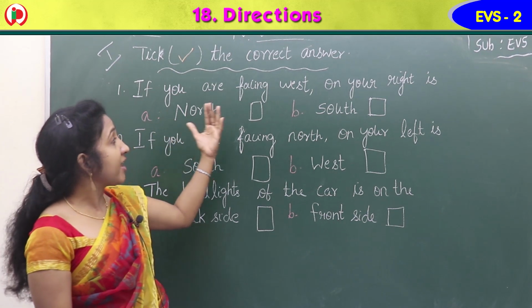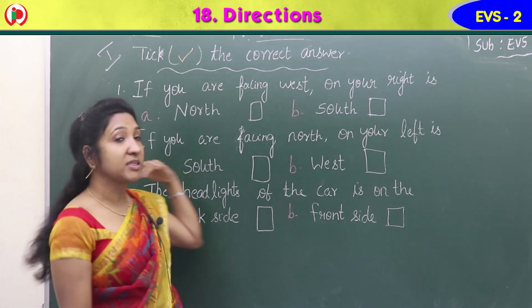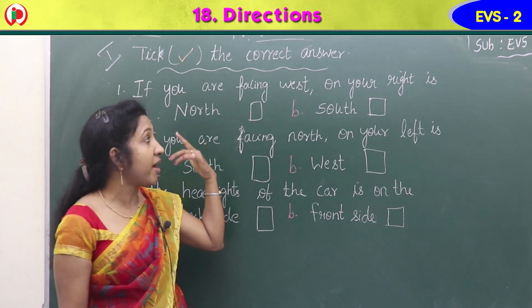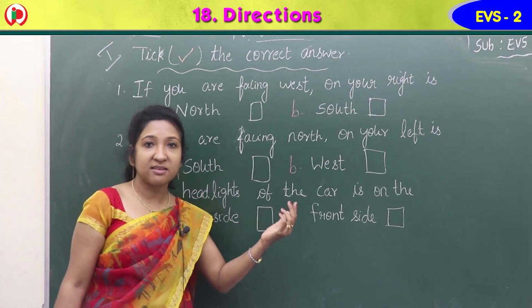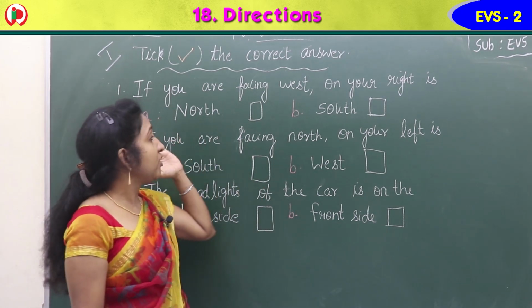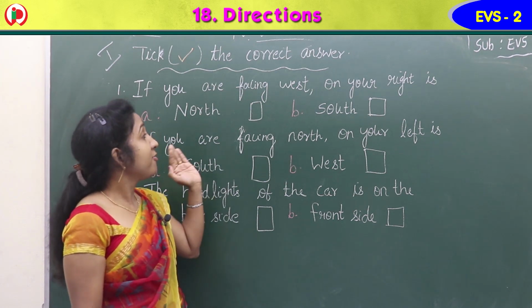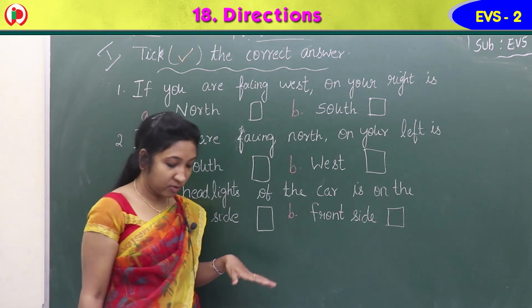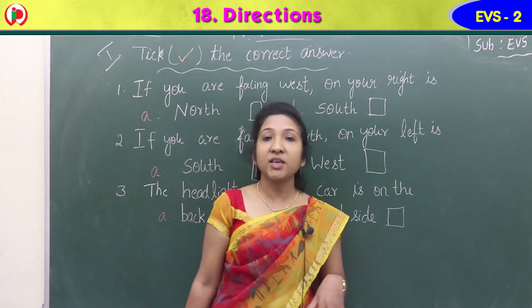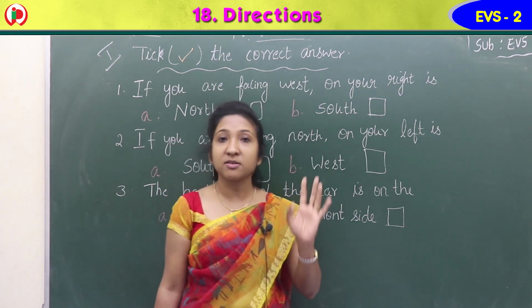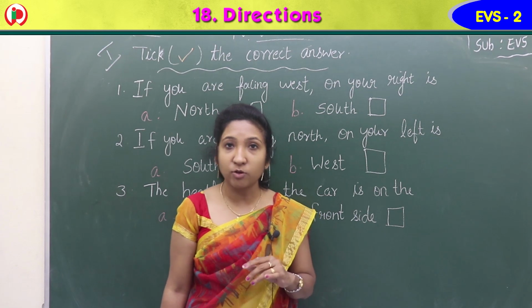So the first question is, if you are facing west, on your right is option A north, option B south. If you are facing west direction, I told you we learned about 4 main directions: east, west, north and south.